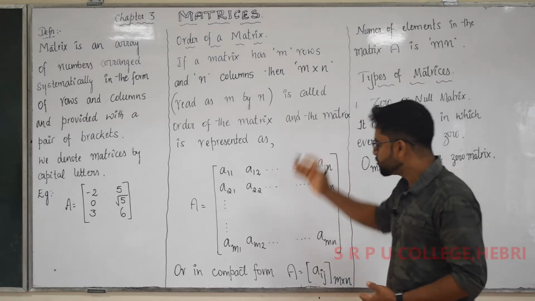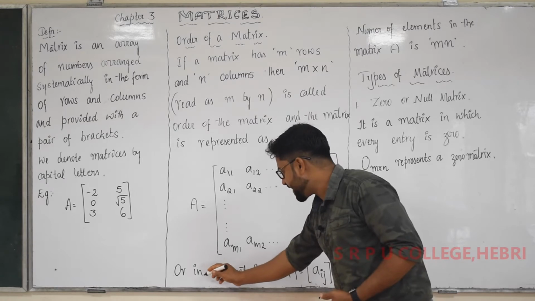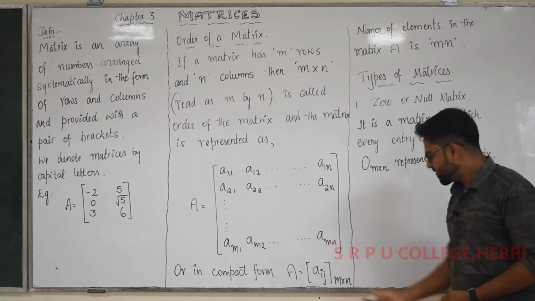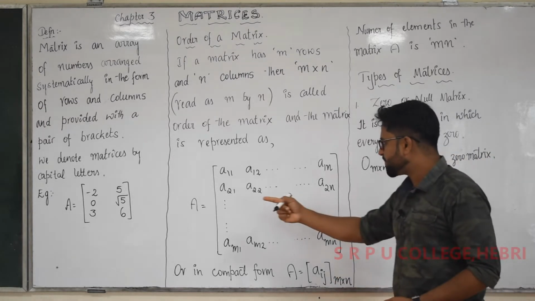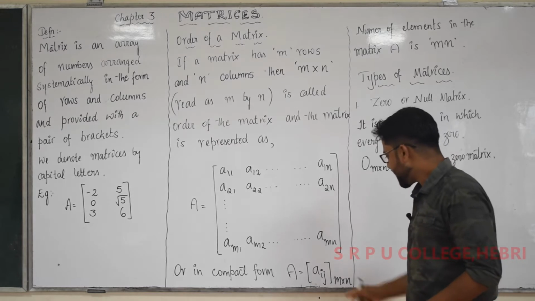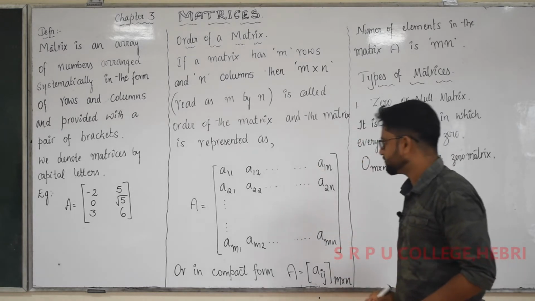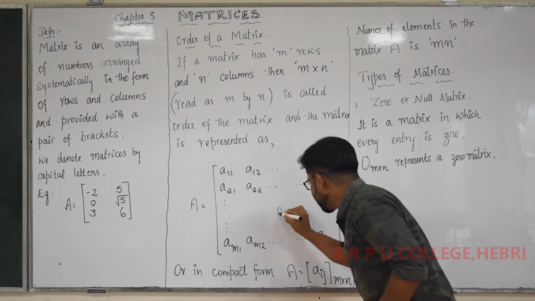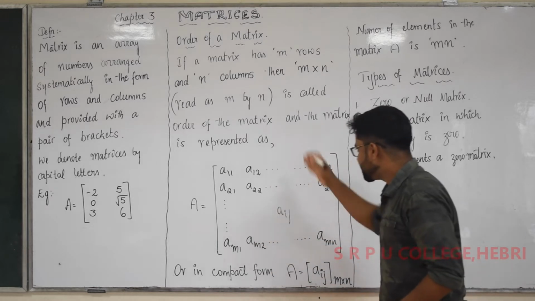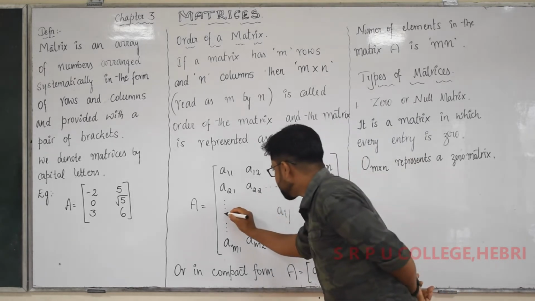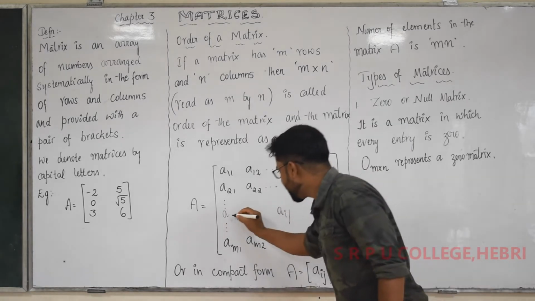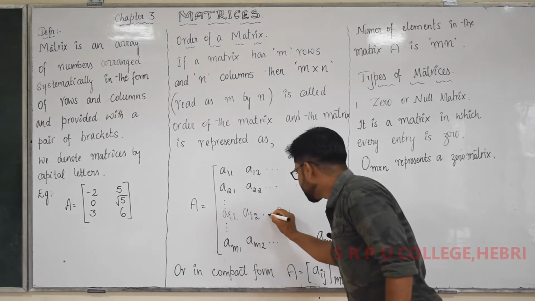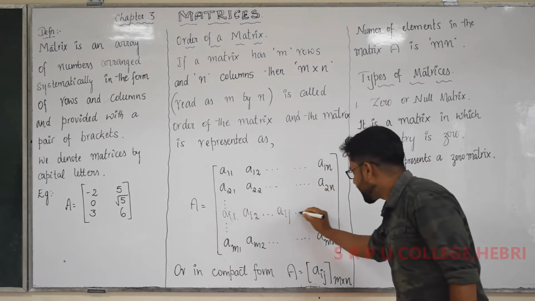We also represent that matrix A in the compact form A is equal to, within square bracket, Aij, where Aij is the element of that matrix at the ith row and jth column. The first element of the ith row will be Ai1, second element Ai2, and so on, Aij, and so on.